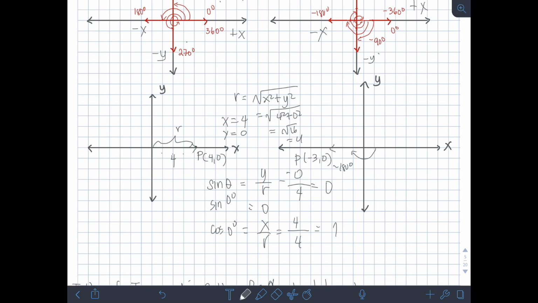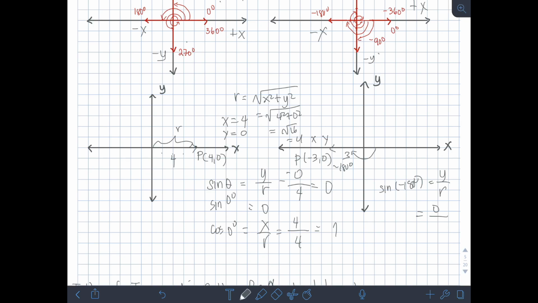So, hanapin natin yung, let's say, yung sin theta or sin negative 180 degree. Equal pa rin siya sa y over r, right? So, y over r. So, we have y is 0 since ito yung y, ito si x. Y is 0 over yung r natin is, ito pa rin yung 3, right?